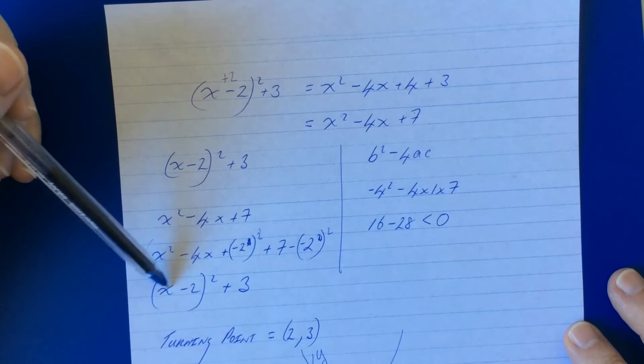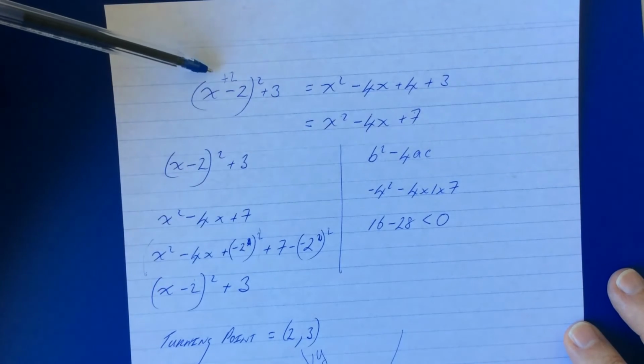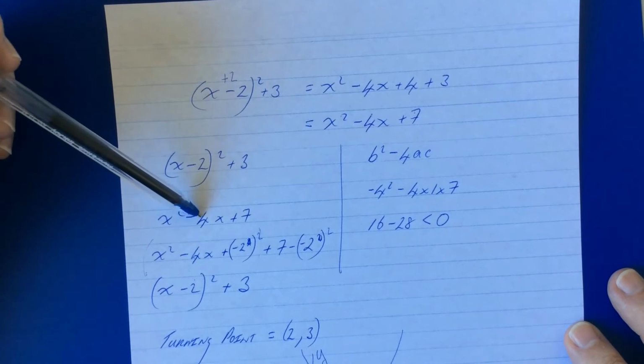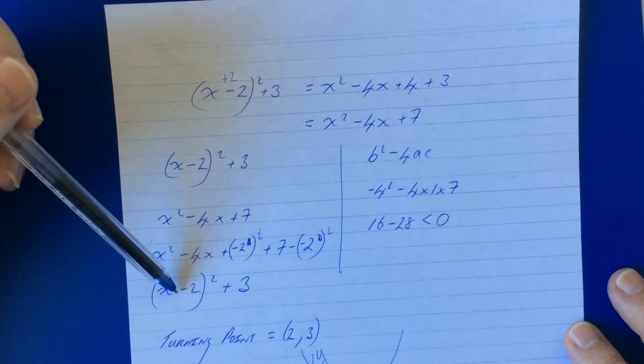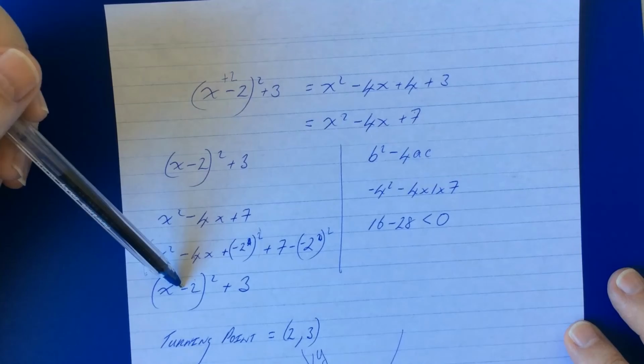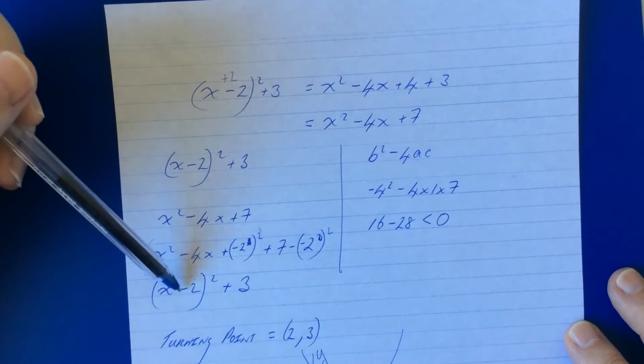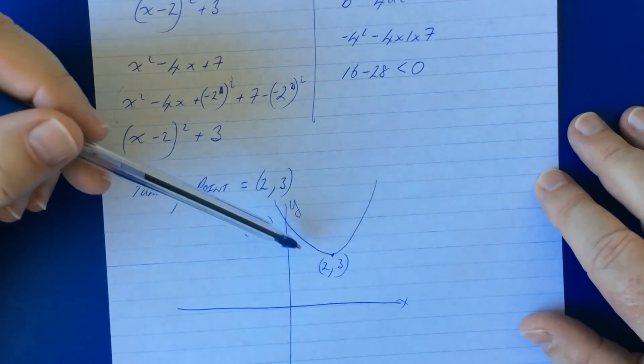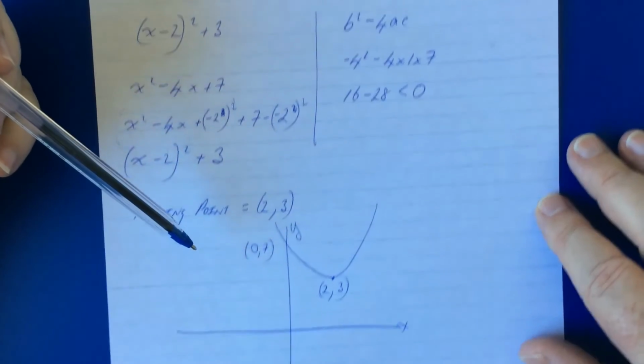And what we wind up with is this, which is of course what we started with, but we were working from this point. We should be tipped off at this point that there is no real solution for x, because when we look at this, we see that this is what the graph would look like.